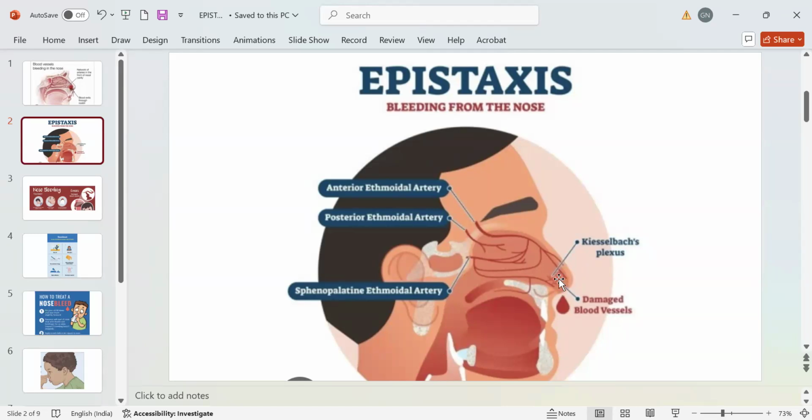So first, these are the two types of epistaxis. One is anterior, another is posterior. Symptoms: it is bleeding. If it is swallowed, then the patient will have a vomiting tendency also. That is included in the symptoms.